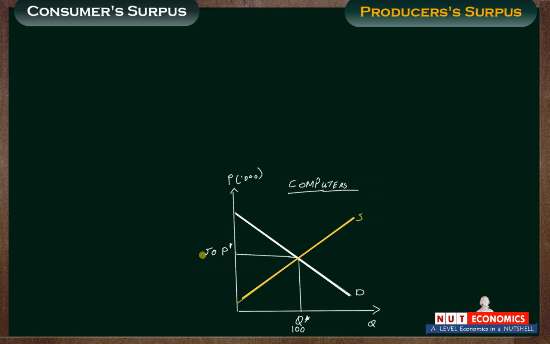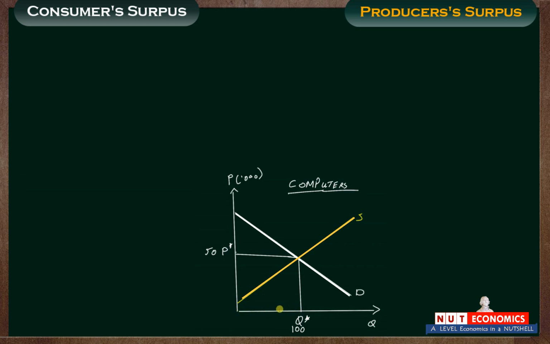But the point that we want to focus on in this video is that, regardless of how unreasonable or unfair the prices may be according to the producers and consumers, the fact is that some producers and consumers come to this market and they trade these 100 computers.